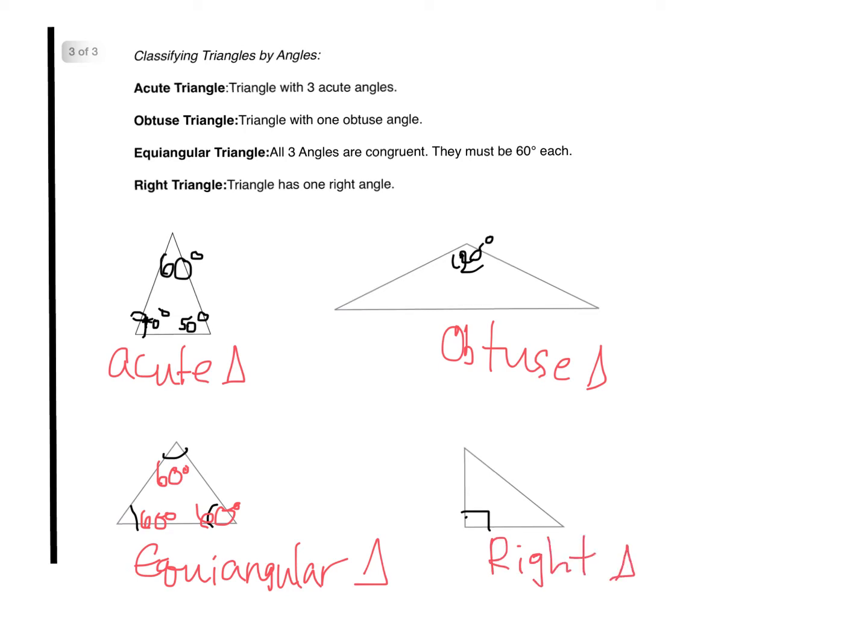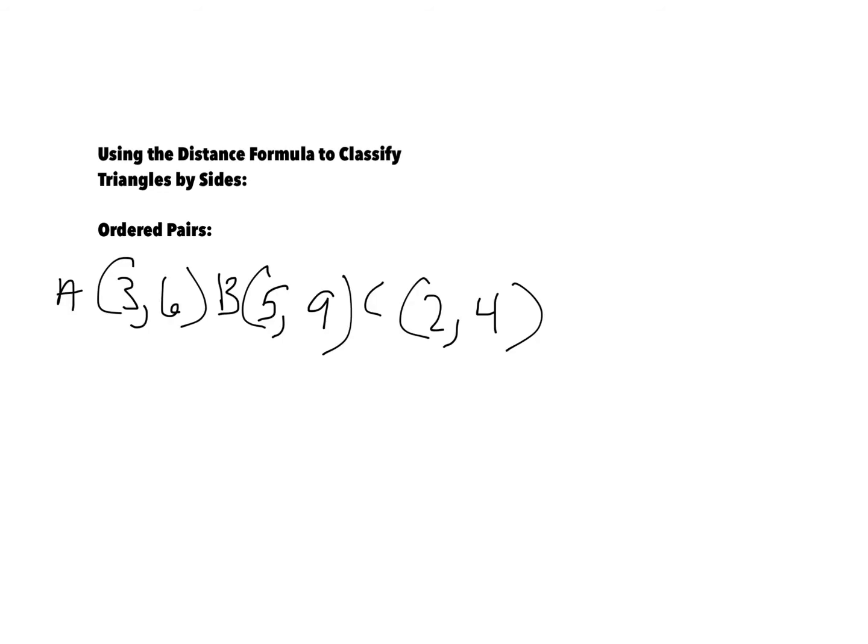Okay, so the next thing we need to learn is how to use the distance formula to classify triangles by their sides. We're going to classify it as equilateral, isosceles, or scalene by using the distance formula.